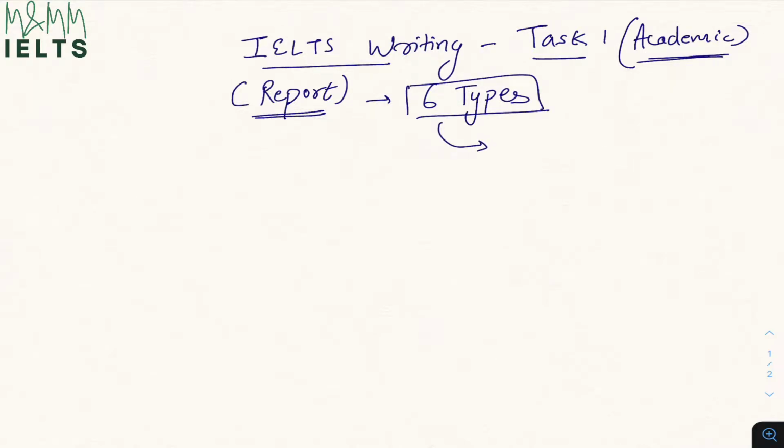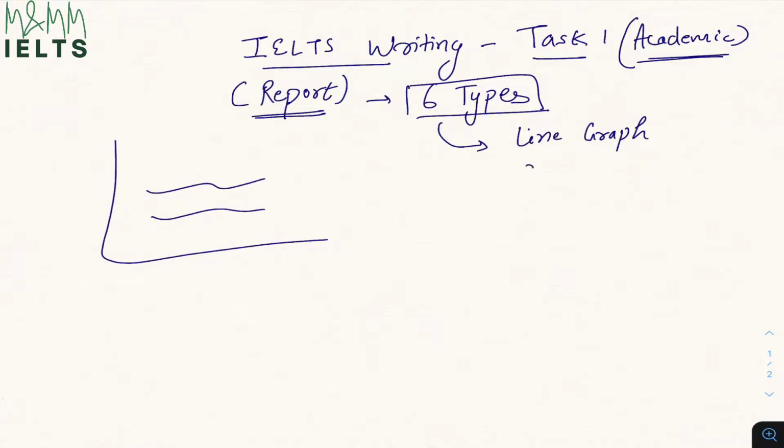Now 6 different types simply means the topics, the question types, such as it could be a line graph, for example, something like this. There may be some sort of lines. It could be a pie chart, so very normal kind of scenarios that we are all aware of. It could be a bar graph, bar chart, something like that. It could be some sort of a process.